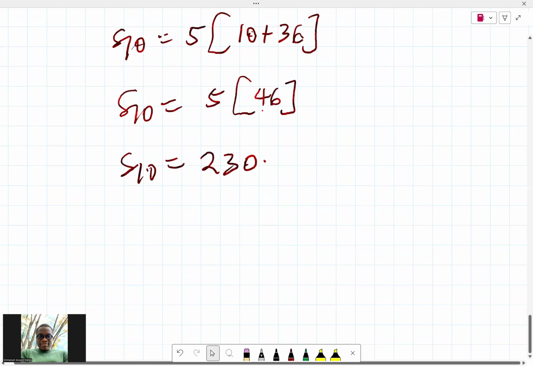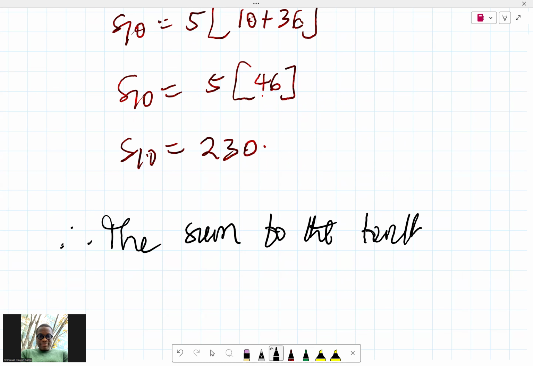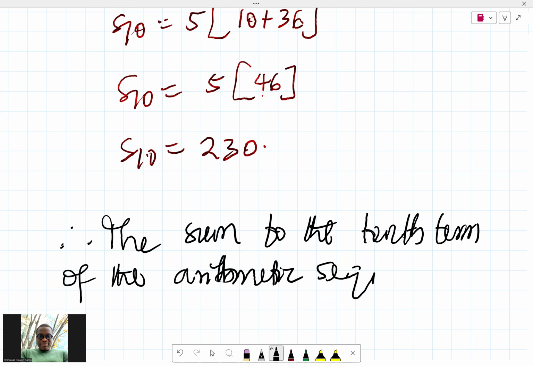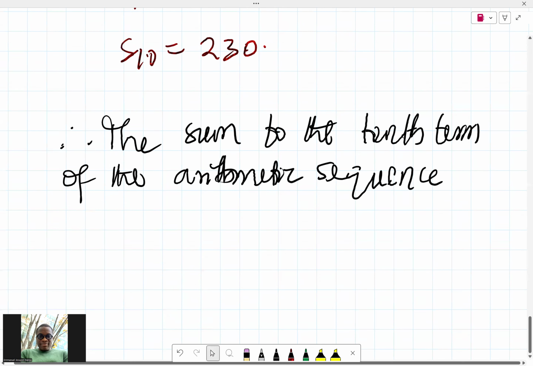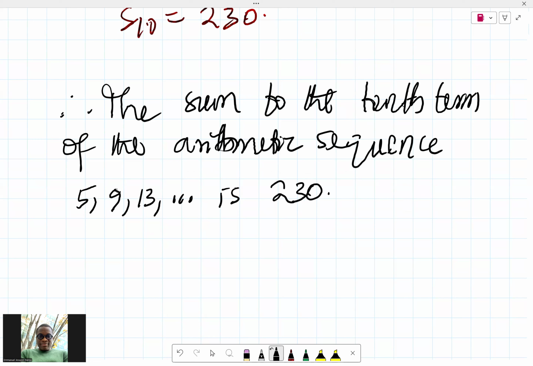Okay, we can now say, therefore, the sum to the 10th term of the arithmetic sequence 5, 9, 13, and so on and so forth, is 230. And you can try that out by just writing this up to 10 terms and adding it up. You discover it's actually 230.